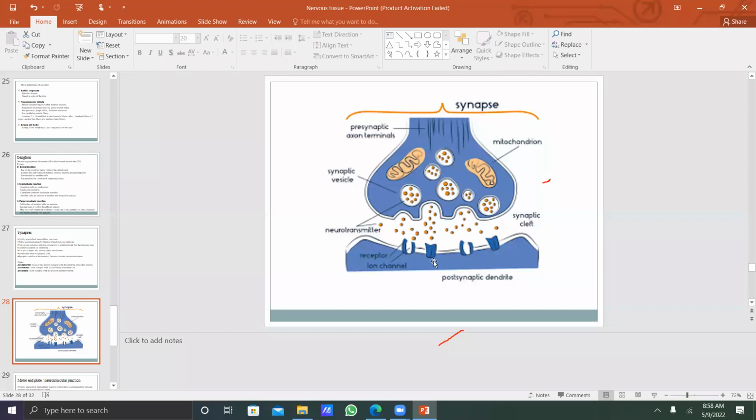This is the postsynaptic dendrite, the nerve which received the signal from the first one. So it has receptor ion channels for the neurotransmitters released from the presynaptic membrane. In between these presynaptic and postsynaptic membranes, we can see the synaptic cleft, to which these neurotransmitters are released.